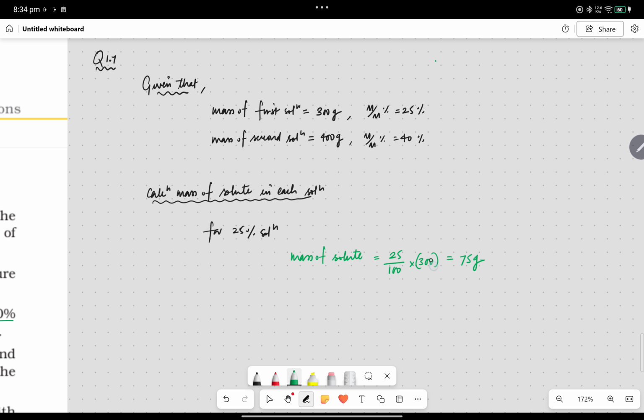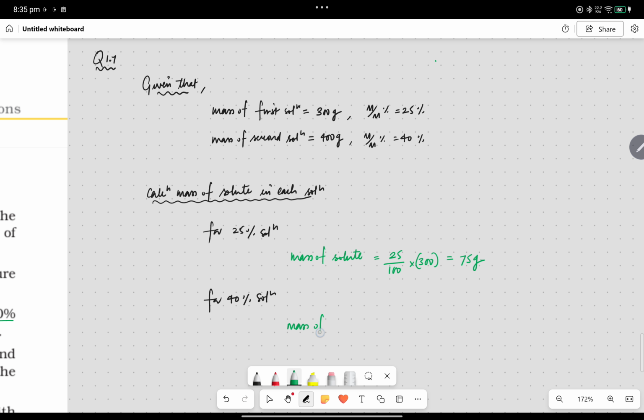This is the mass of your first solution into the concentration mass by mass percent. So you're going to get the mass of solute in the first solution. Then similarly for the 40% solution, what you have to do?